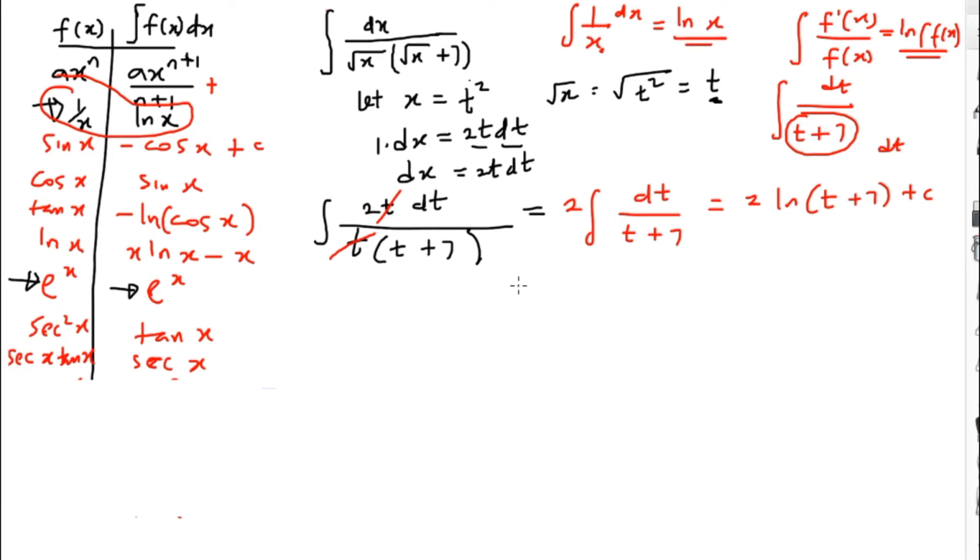The same rule is applicable to the integral of sine x over cos x. Okay, if you look at it intently, you will see that if you differentiate cos, which is the denominator, you will have negative sine.